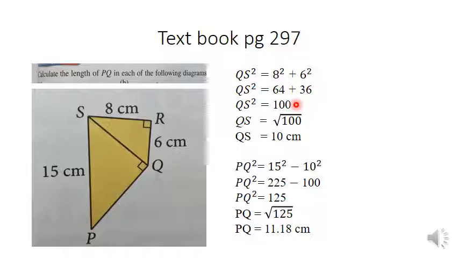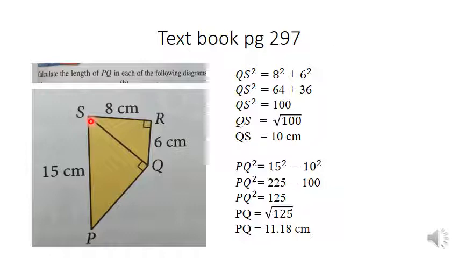This is not your answer yet because this is QS square. To find QS, you find the square root of 100. So you get QS is 10 cm. So now you know this QS, the length is 10 cm.